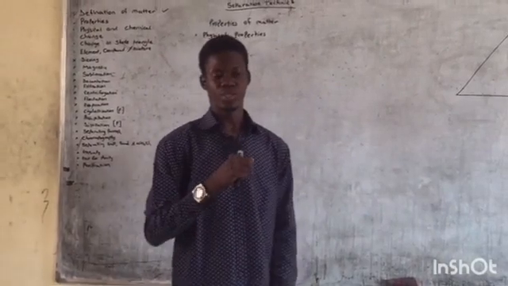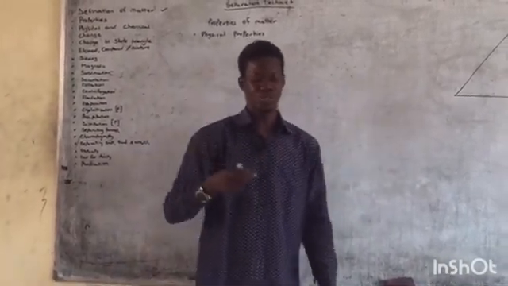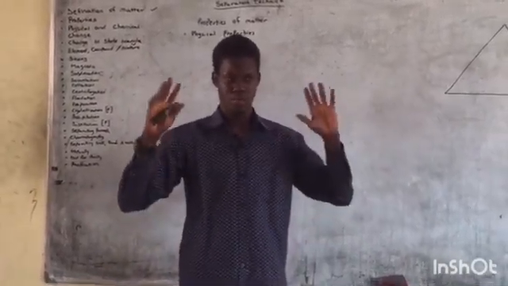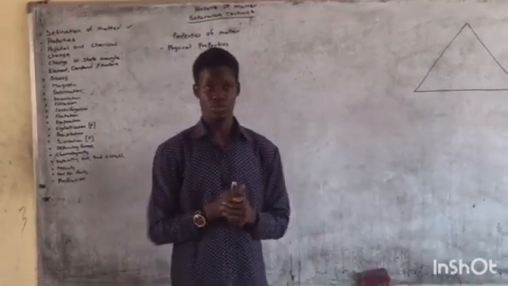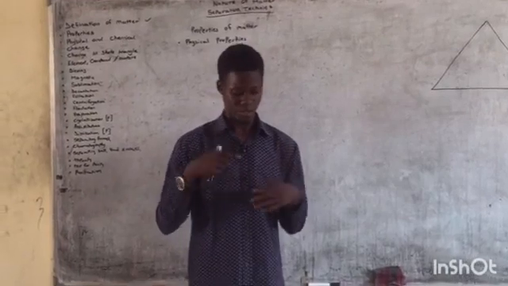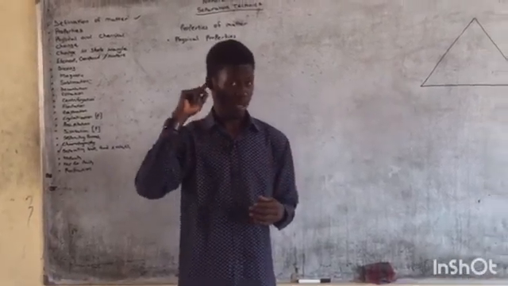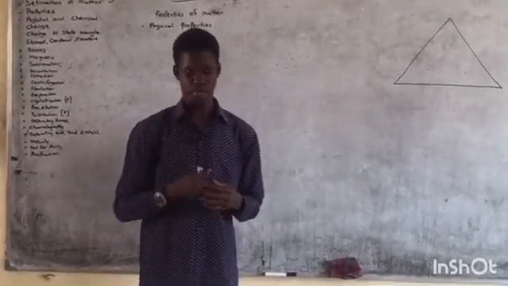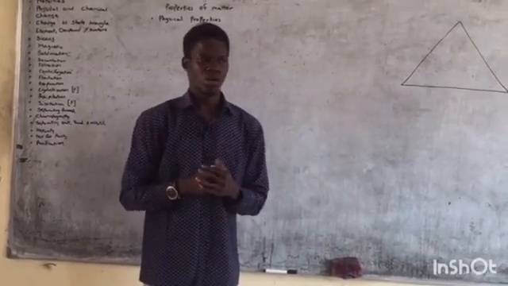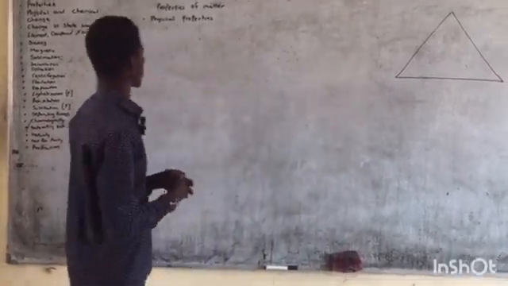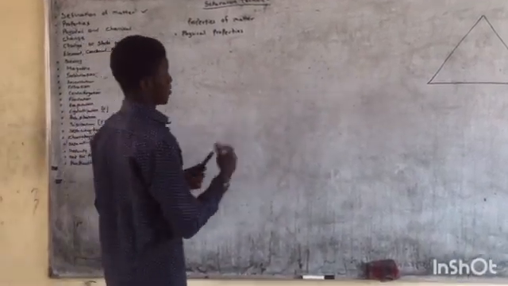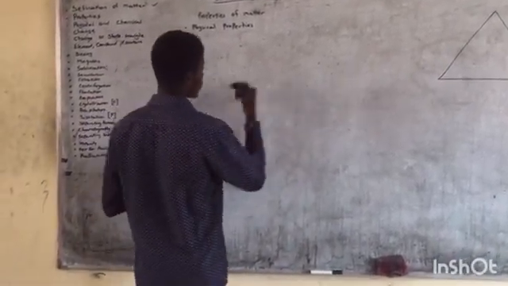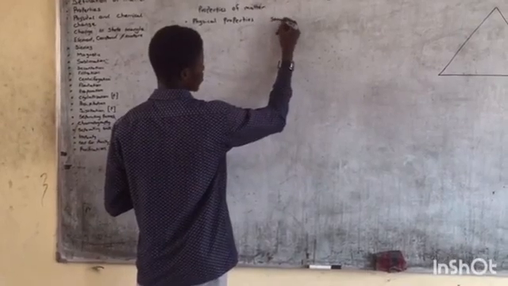Well, physical properties are the ones you can detect with your sense organs, your five sense organs. You have your ear, your nose, your eye, your skin, the touch. You use them to detect, for example, sound.